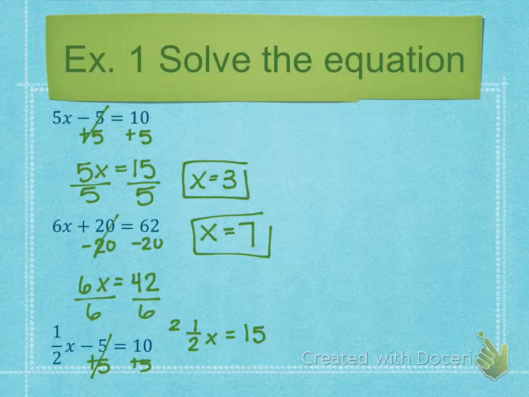The reciprocal of 1/2 is 2 over 1, which is also known as what? 2. So I can just multiply this side by 2 instead of making it 2 over 1. You can make it 2 over 1 if you want. It's not going to do anything different to the problem. It just makes it a little bit easier when you write it as 2. So x is equal to what? 30. Okay?